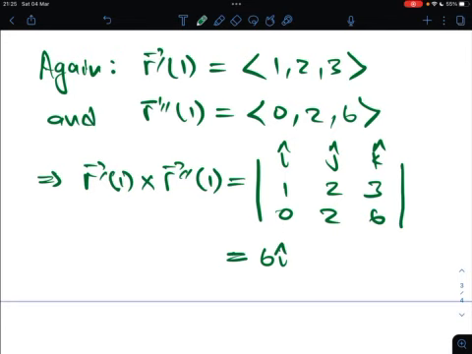Then for j, we have 6 minus 0, so we get minus 6j. And then for k, we have 2 minus 0, which is plus 2k. So the cross product of r prime at 1 and r double prime at 1 is equal to that.